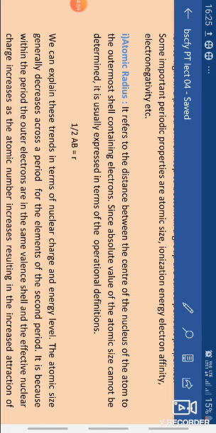Also, the electrons are loosely bound to the nucleus.